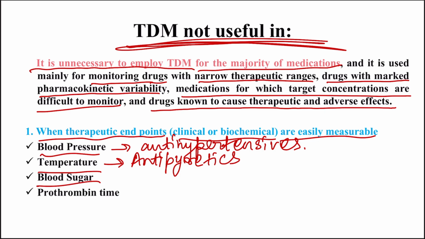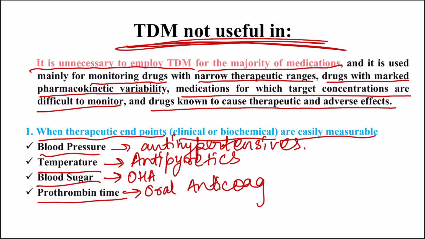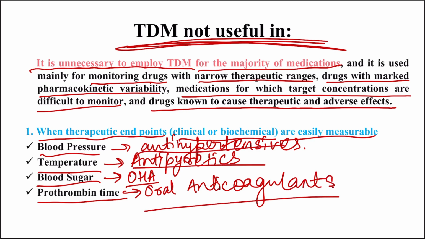Next is blood sugar, we can easily measure blood sugar, so for oral hypoglycemic agents we don't have to do therapeutic drug monitoring. Then next is prothrombin time, that is the case of oral anticoagulants, so for that also we don't have to do any therapeutic drug monitoring. In this case, the therapeutic endpoints are very clear and we can easily measure them, so we will not do any therapeutic drug monitoring.